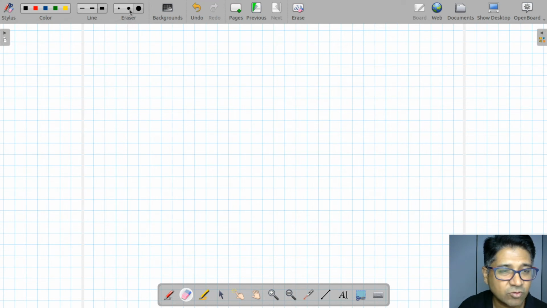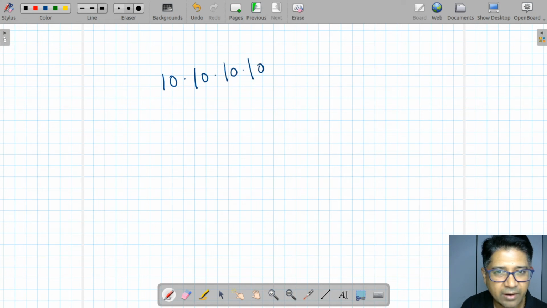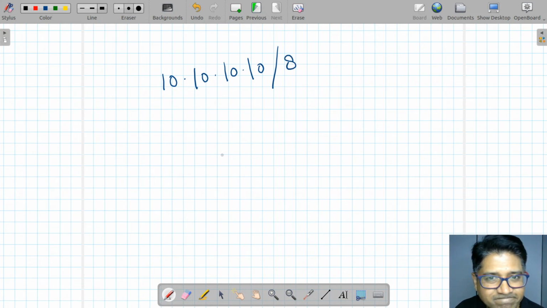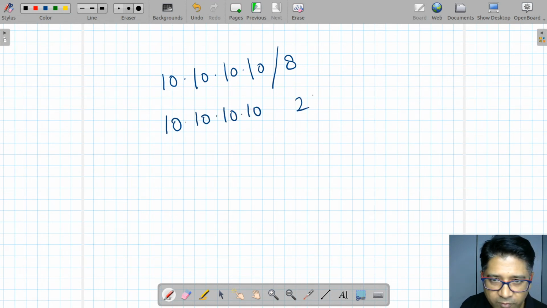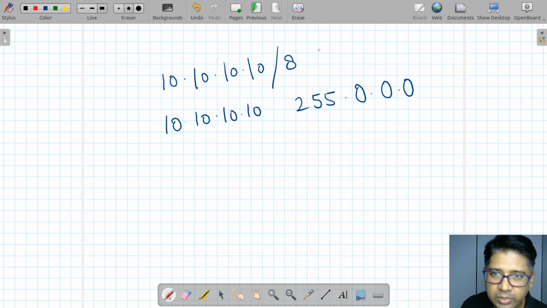Class A. Now I can write it like this, or I can write it in the short form. Both mean the same. Agree? Okay, this part is clear.